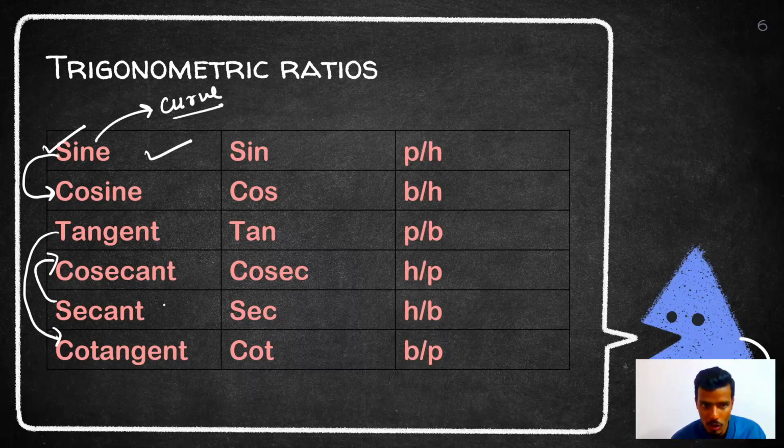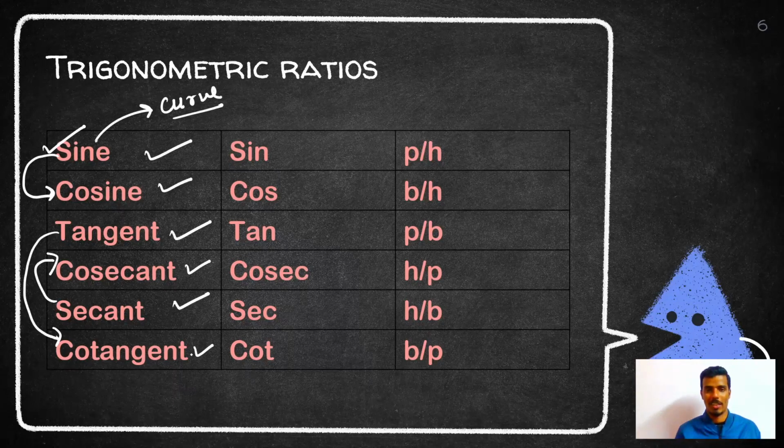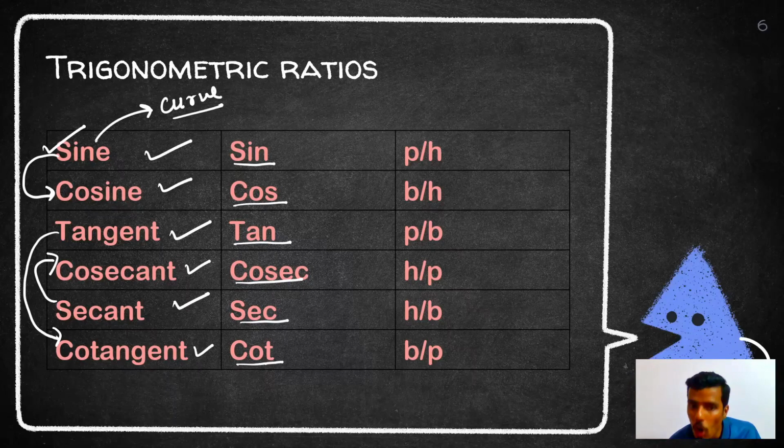Sine, tangent and secant, and there are 3 complements: cosine, cosecant and cotangent. Sine is referred to as sin, cosine as cos, tangent as tan, cosecant as cosec, secant as sec, and cotangent as cot.